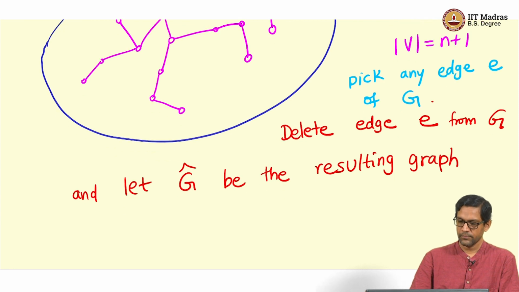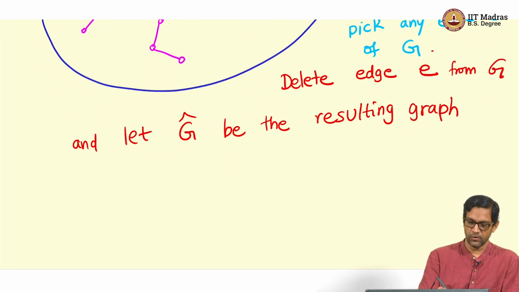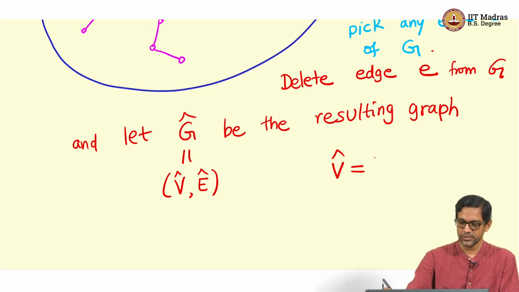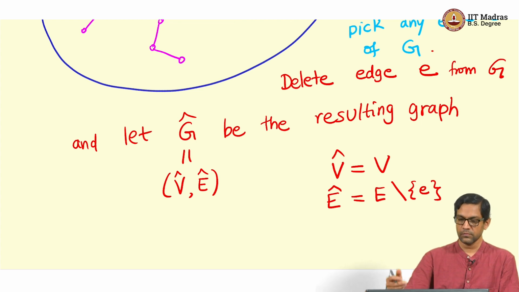Now what is G hat therefore? Let us call the new vertex set V hat and the new edge set E hat. Observe the vertex set does not change because we did not delete any vertices. The edge set has one fewer edge. So from the original set E, I have to remove this edge E which I deleted. So that is my vertex set and edge set.